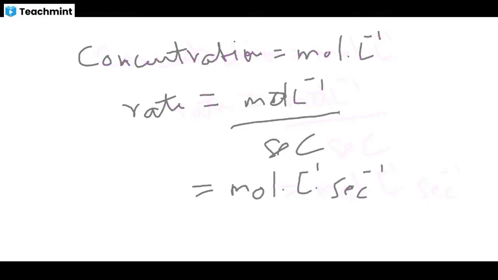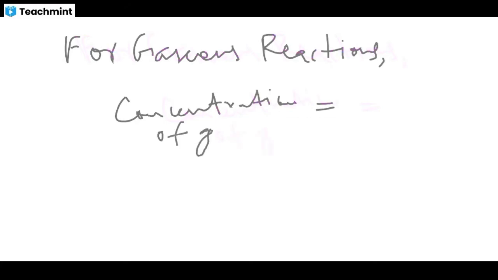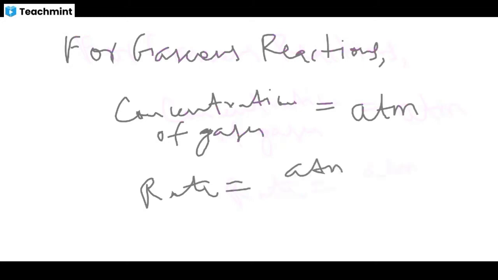If we have a gaseous reaction, we have the concentration of gases in the form of partial pressure, which is measured in ATM. Then the unit of rate will become ATM upon second.